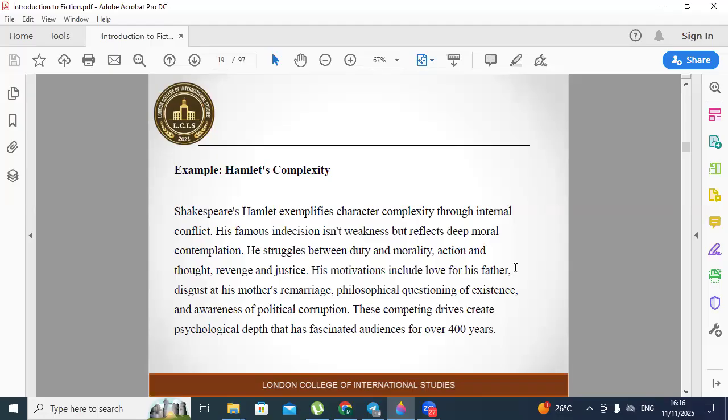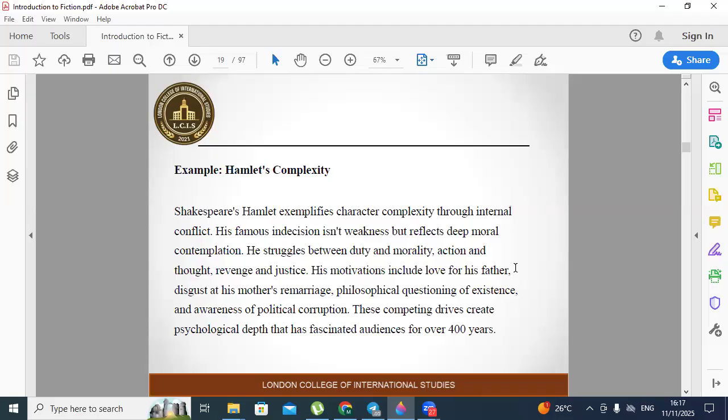His motivations include love for his dead father, anger at his mother's perceived betrayal, attraction to and rejection of Ophelia, philosophical questions of existence, awareness of political corruption, fear of damnation, and desire for certainty in an uncertain world.